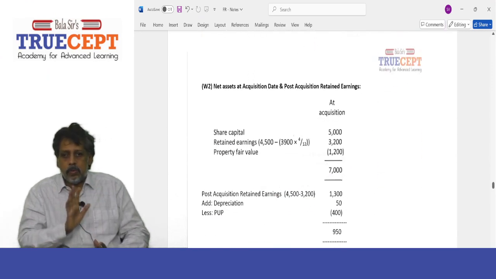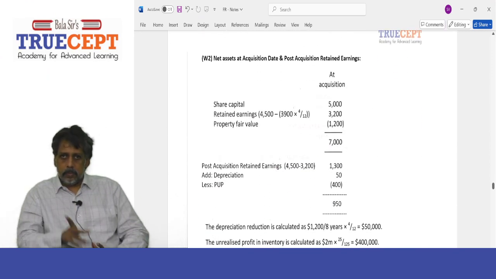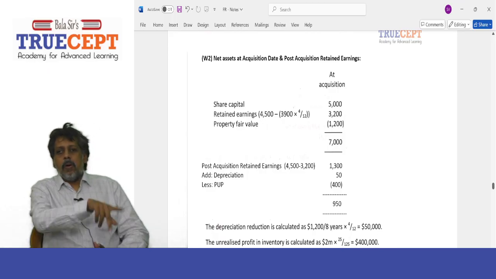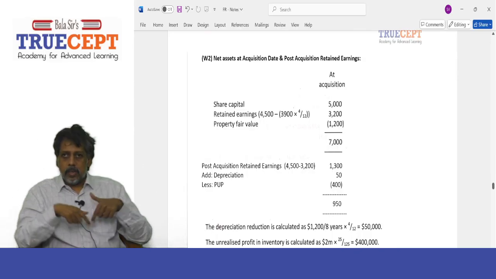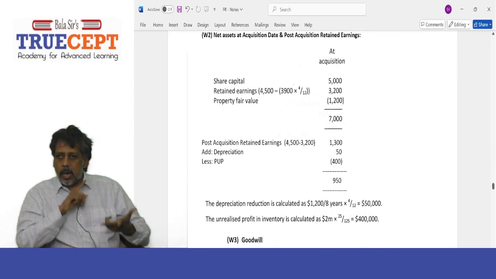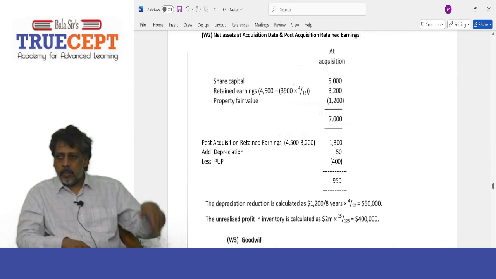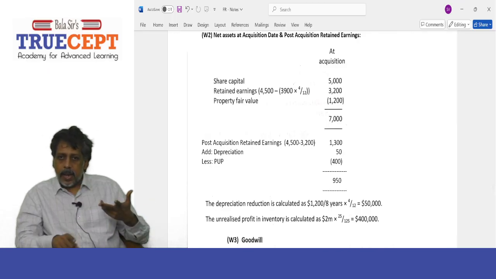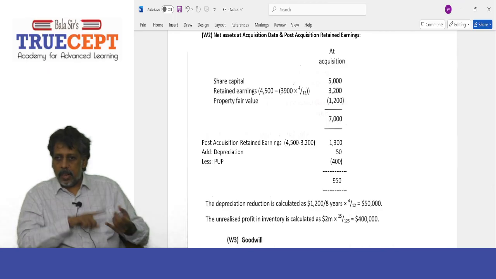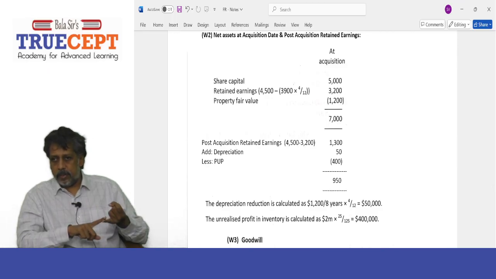Working note number 2: net assets at acquisition date and post-acquisition retained earnings. We are going to find both. I want the net assets on 1st June X0. So take the share capital of your company Sanford: 5,000, in thousands.